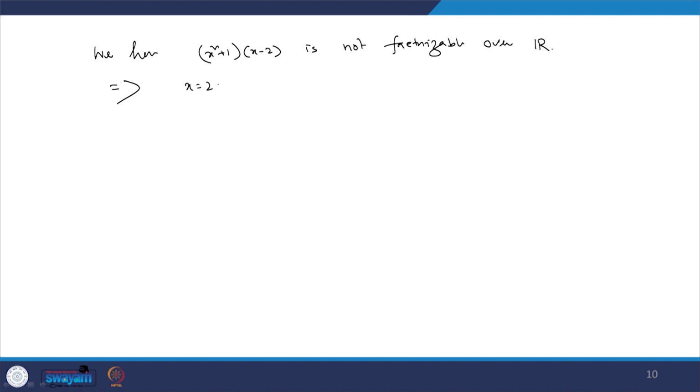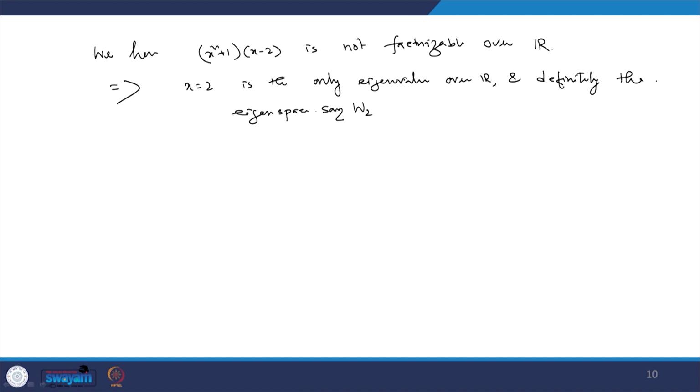This implies x equal to 2 is the only eigenvalue over R, and definitely the eigenspace, say W2, associated to the eigenvalue 2 will have dimension 1.